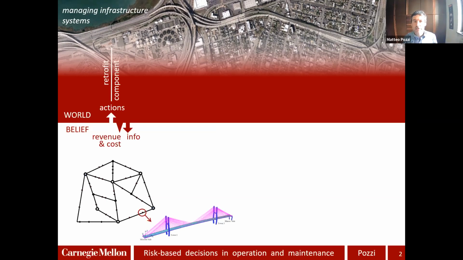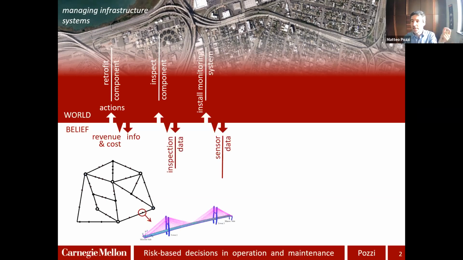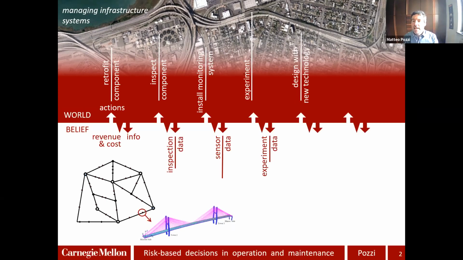So actions can be retrofitting a component, but they can also be exploratory actions. For example, inspecting a component, receiving data, installing a permanent monitoring system, or doing an experiment, or even trying new technology. So overall, we are dealing with a possibly deterministic, but at least partially unknown to us, world.